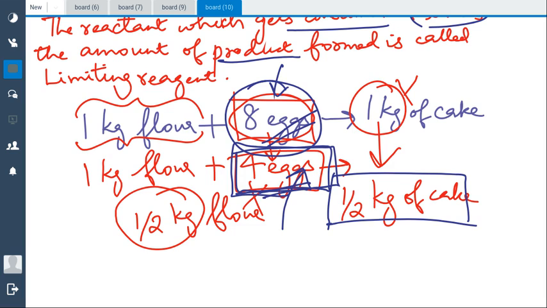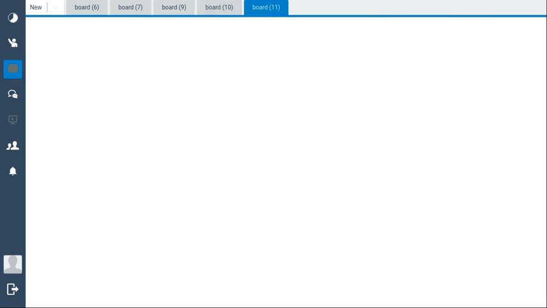So in this case, the eggs become the limiting reagent. Now we'll study it with an example.